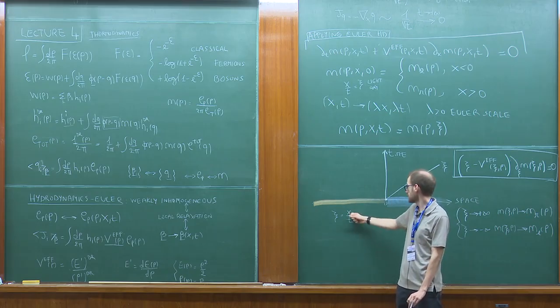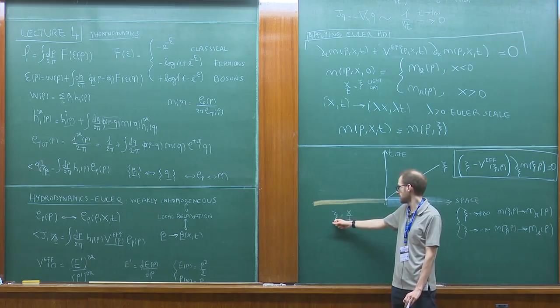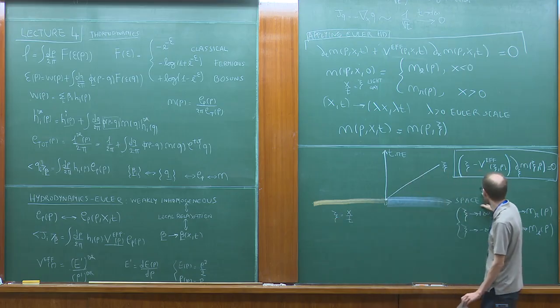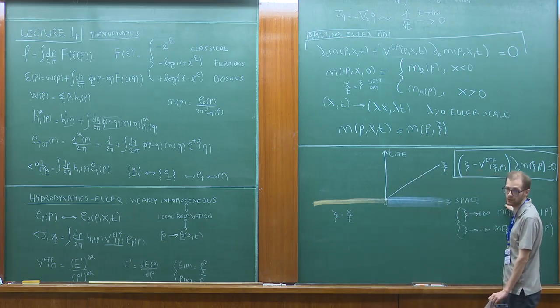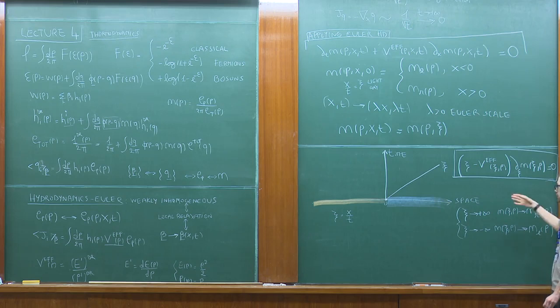If x is positive and tends to plus infinity, this means that the ray is tending to plus infinity, and you are approaching the state far on the right, this reservoir on the right. So your state should match the initial one on the right. If you go infinitely far away on the left-hand side, it is the same stuff.